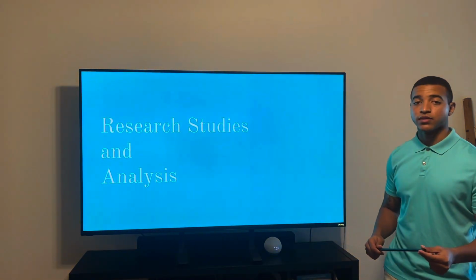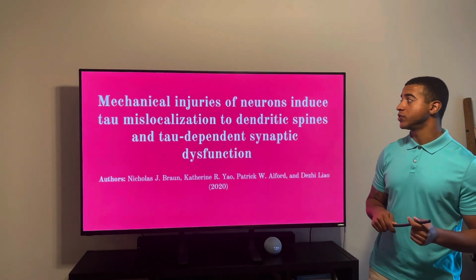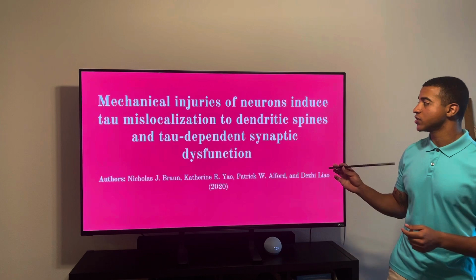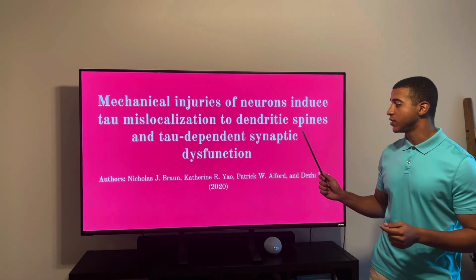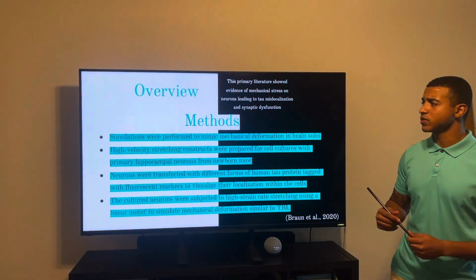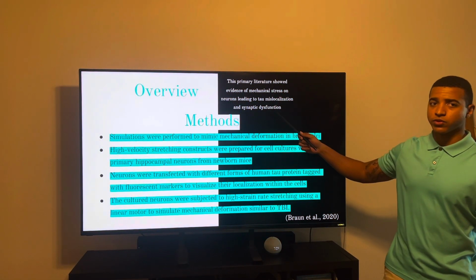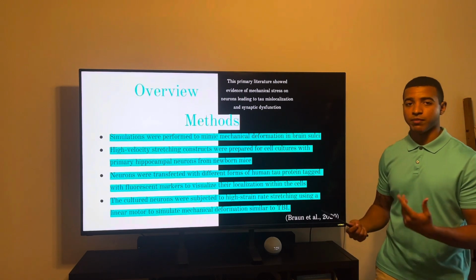Research studies and analysis. The first primary literature study was "Mechanical injuries of neurons induce tau mislocation to dendritic spines and tau-dependent synaptic dysfunction" by the authors below. Basically, this study found evidence of mechanical stress on neurons leading to tau mislocation.